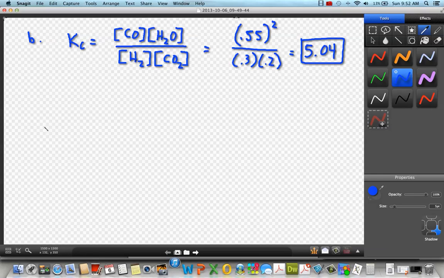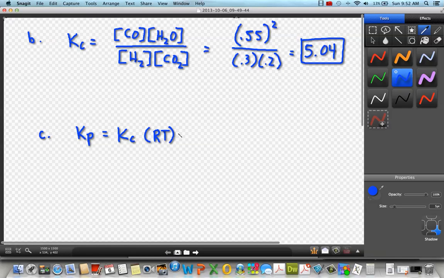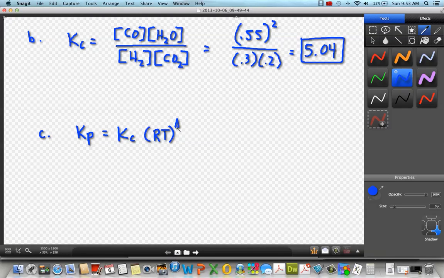In part C, we're asked to find the Kp. And we know that Kp is equal to Kc times RT to the delta n power. Delta n is 0 because we have 2 moles of reactants, 2 moles of products that are gases.